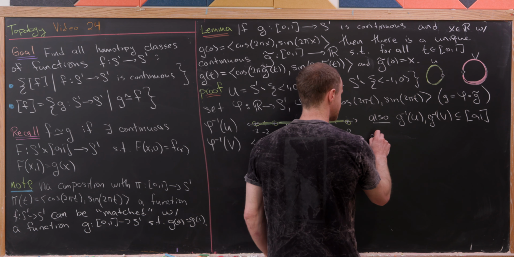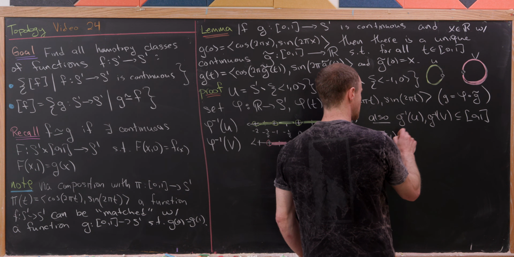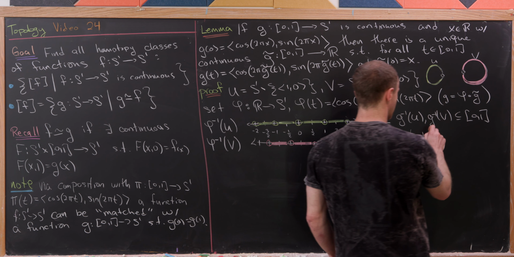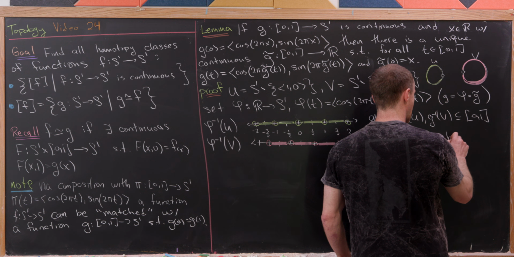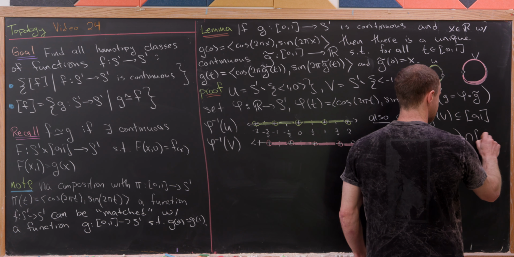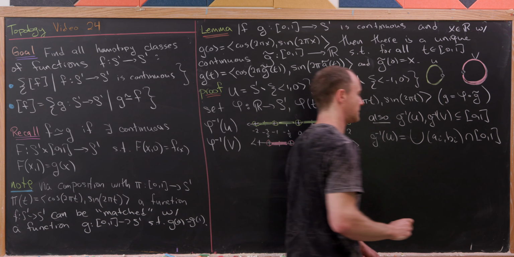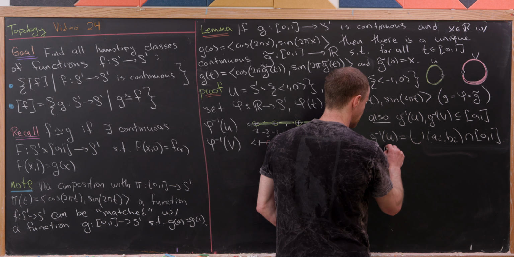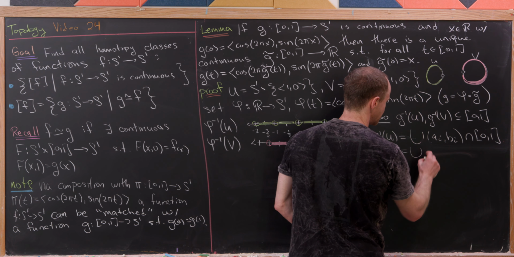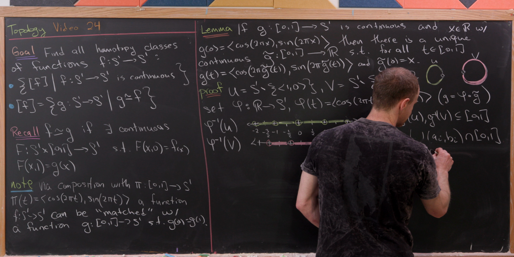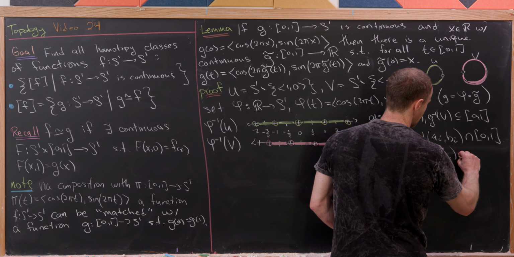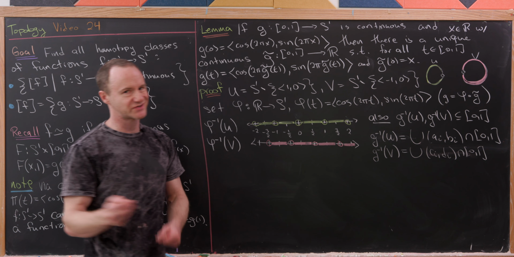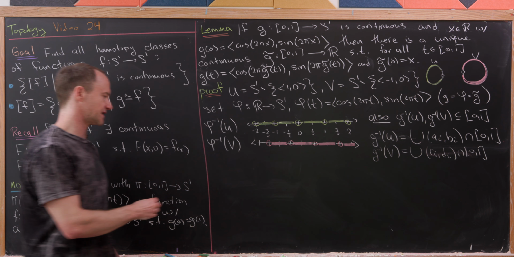So for instance, the pre-image of u equals the union over these open intervals (a_i, b_i) intersected with [0, 1]. And then we can do the same thing for the pre-image of v: the union over (c_i, d_i) intersected with [0, 1]. Good, that's just using basis open sets.